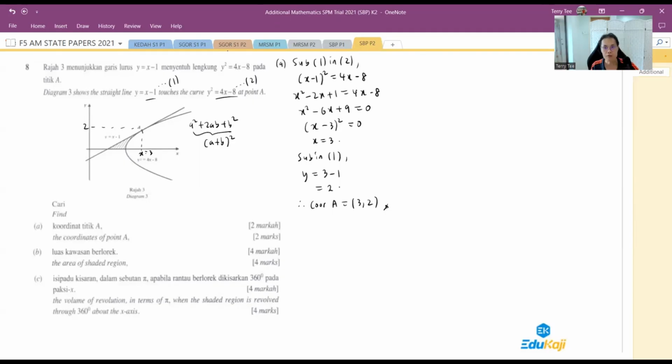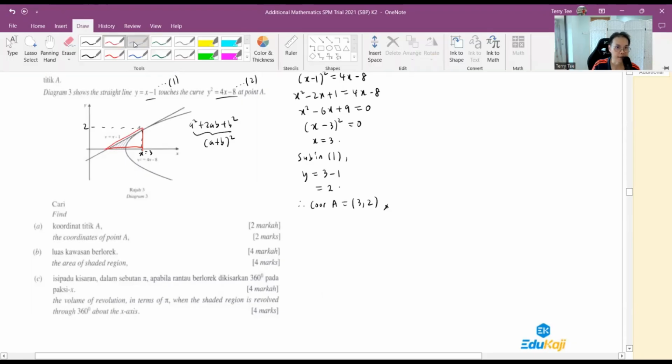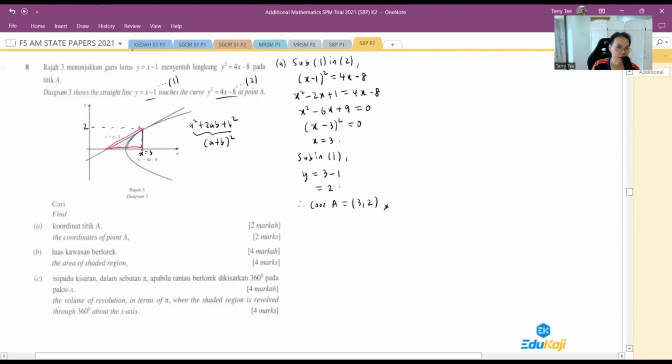Okay, how do you find the area of the shaded region? Before you find the area of the shaded region, you could identify where the area is. I can see that in this case, let me highlight for you, this is a triangle, right? I need to minus this area. Okay, triangle minus integration.